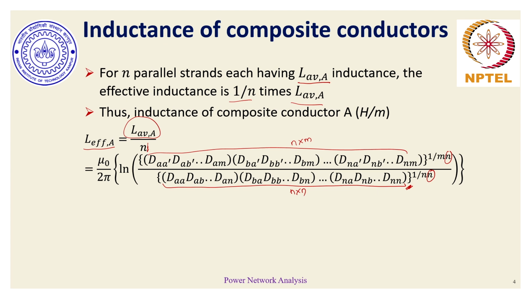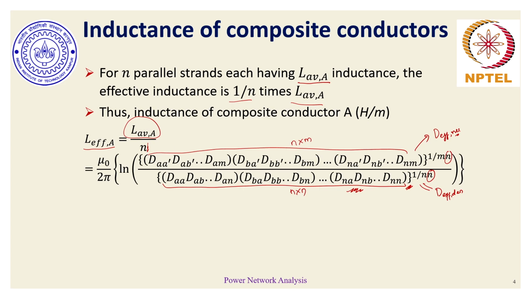So effectively, if I have n square distances sitting in the denominator, I am taking the 1 by n square root of those n square distances. So this becomes one individual or effective denominator distance. And similarly here I have m comma n distances for which the 1 by m comma n root is being taken. So this also turns out to be an effective distance where the number of distances and the corresponding root effectively cancel out.